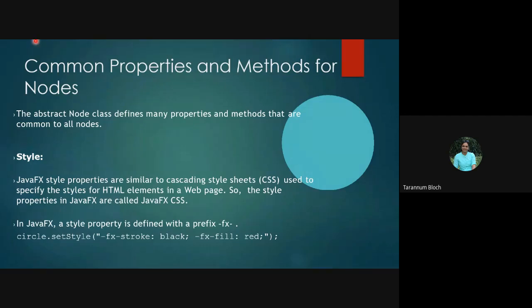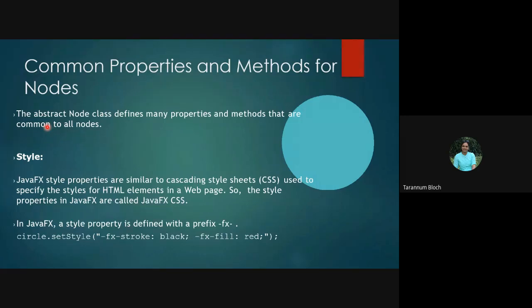There is an abstract Node class which defines many properties and methods that are common to all the objects, right? So we have various styles which we can apply to the UI control.